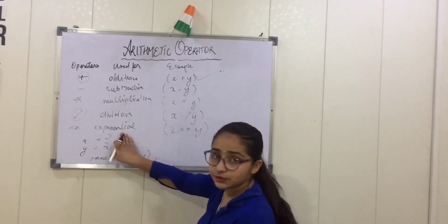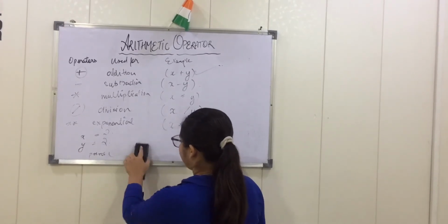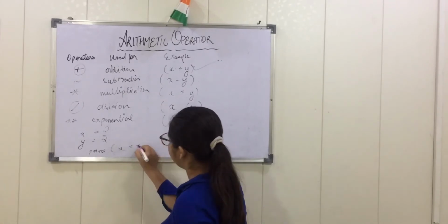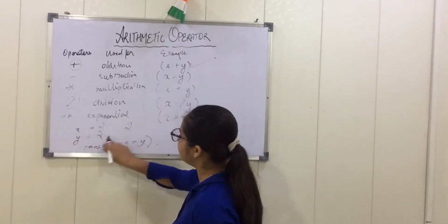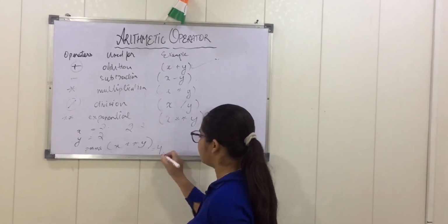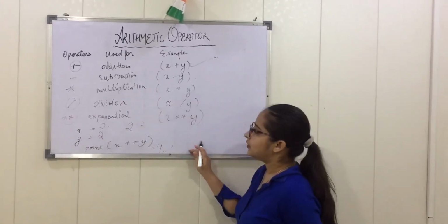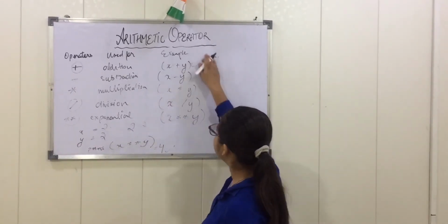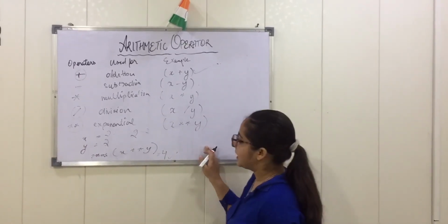The next one is exponential: print x exponential of y, so 2 is written 2 times, 2 into 2, and the answer is 4. In this way we can use these operators in various examples, like x plus y or any other variables.